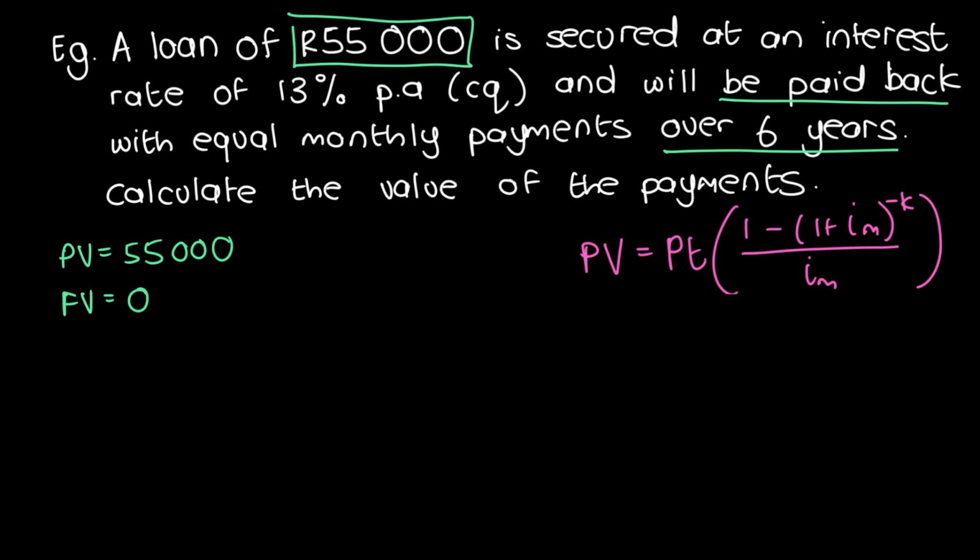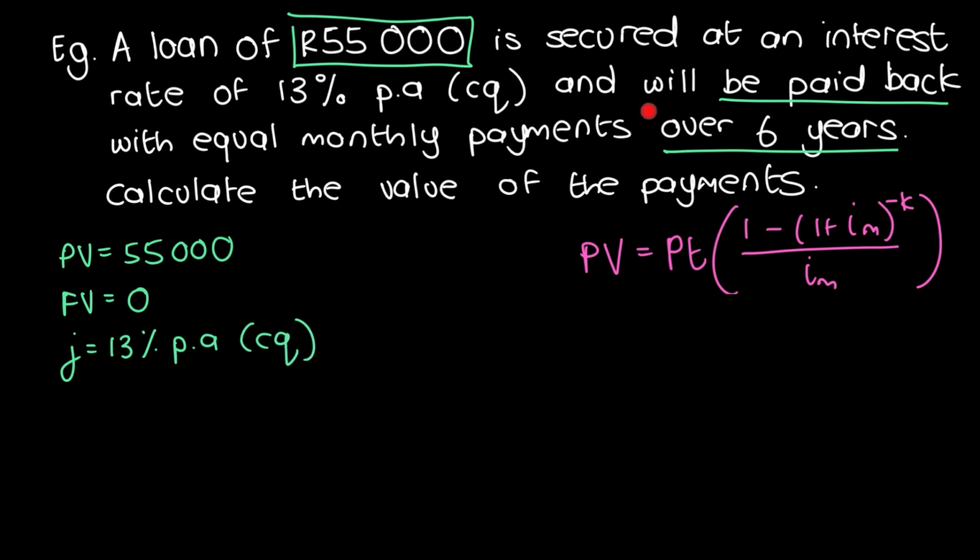So before we start using the formula, let's write down all the other information that we know. It is secured at an interest rate of 13% per annum compounded quarterly. So the nominal interest rate here is 13% per annum compounded quarterly.